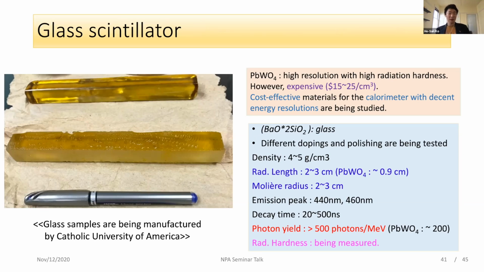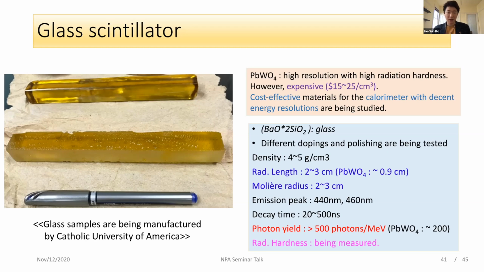As shown previously, the lead tungstate crystal has high resolution with high radiation hardness. However, they are expensive. And there is research to develop cost-effective materials with decent energy resolution to be used in the EIC calorimeter. Catholic University of America, CUA, is developing this glass scintillator.